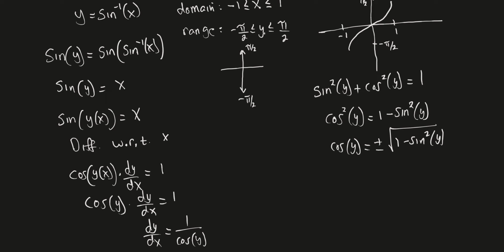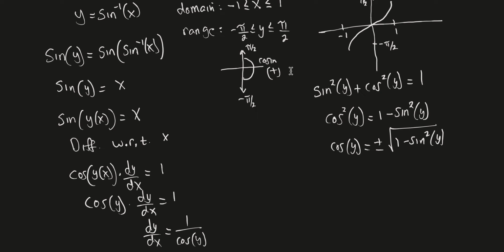So this range of values for y tells me that y is in the first and fourth quadrants. But in the first and fourth quadrants, cosine is always positive.